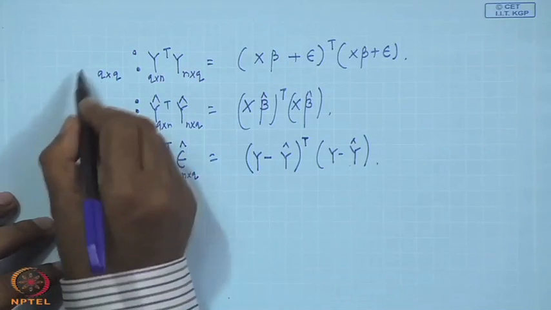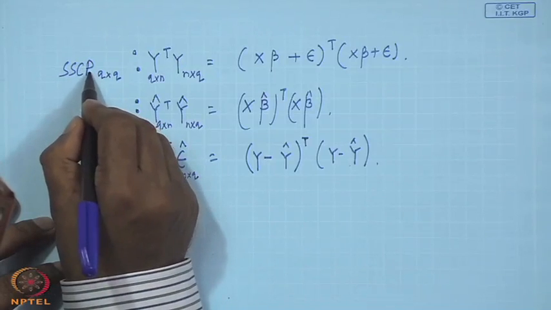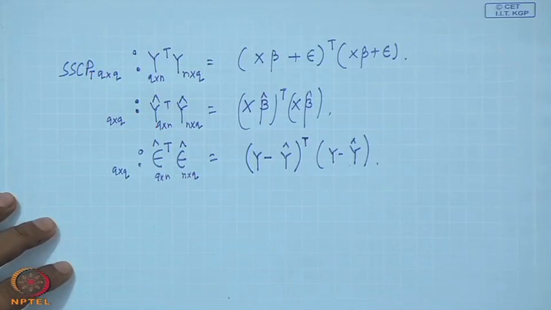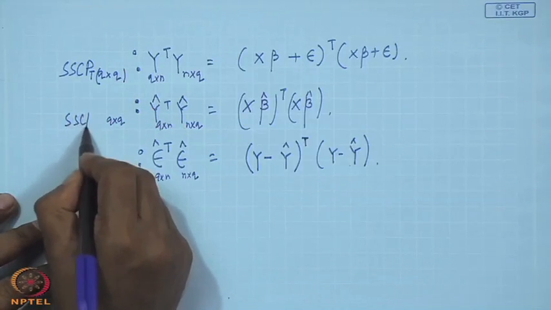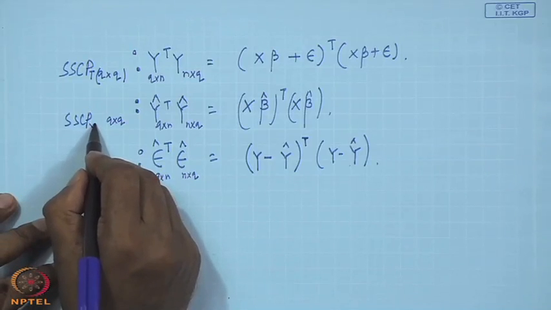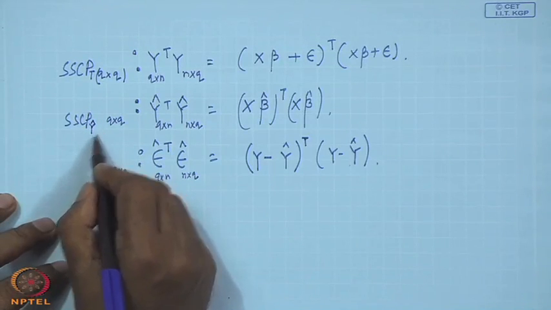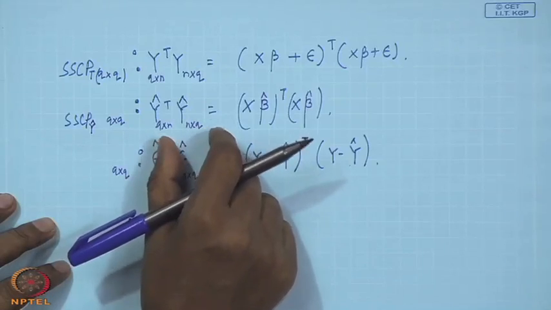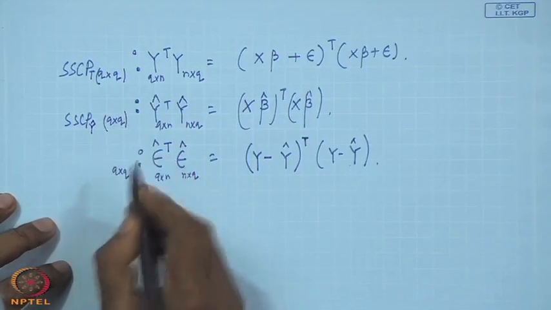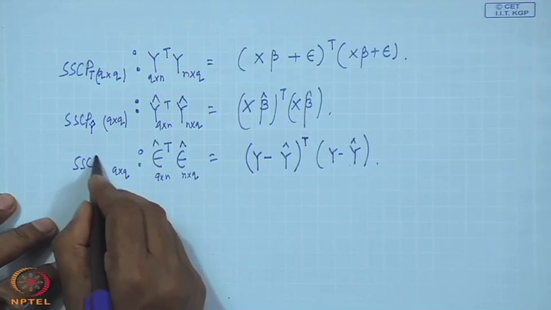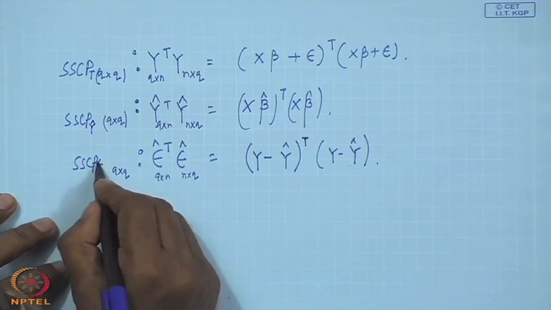So, if I say this is my SSCP total, which is a q cross q matrix, this is my SSCP y cap, that is basically the regression point of view, how much we are getting. This is also equivalent. If I say this one is epsilon cap.